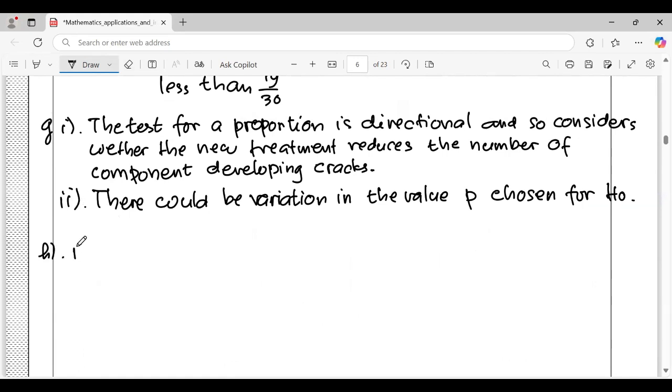The first step is to state the hypothesis. The null hypothesis is mu new equal mu current.